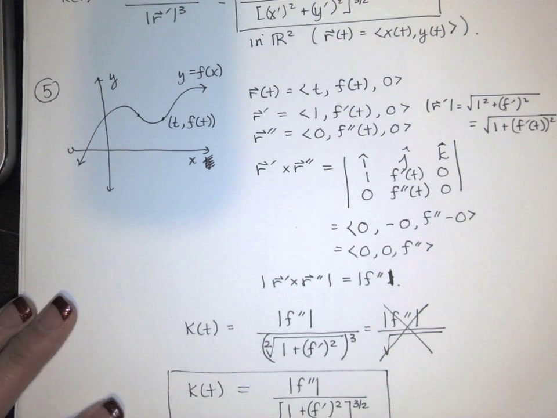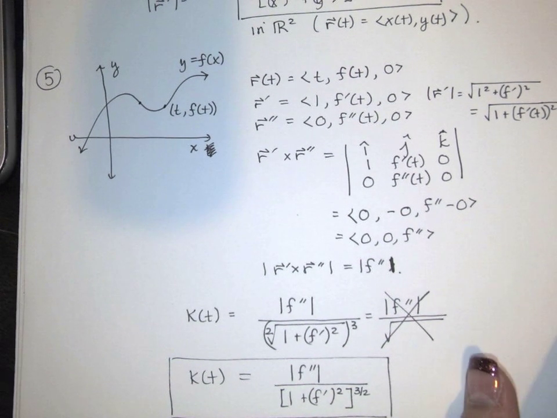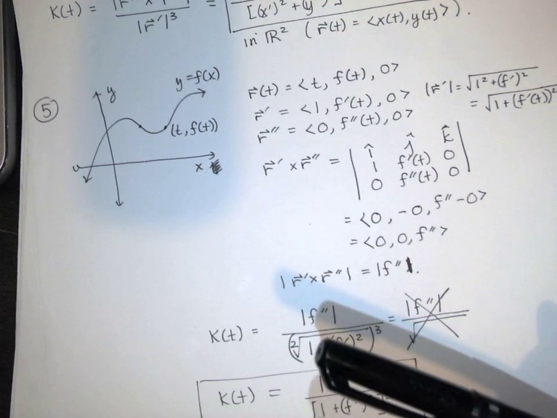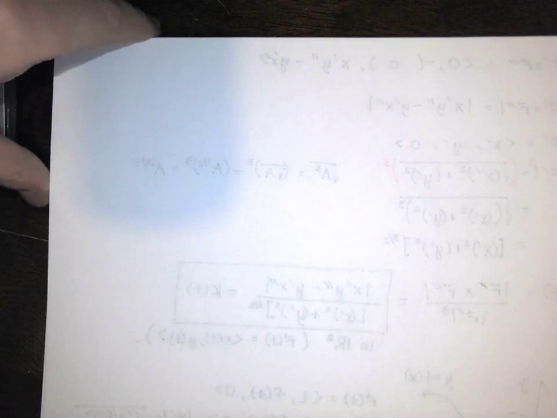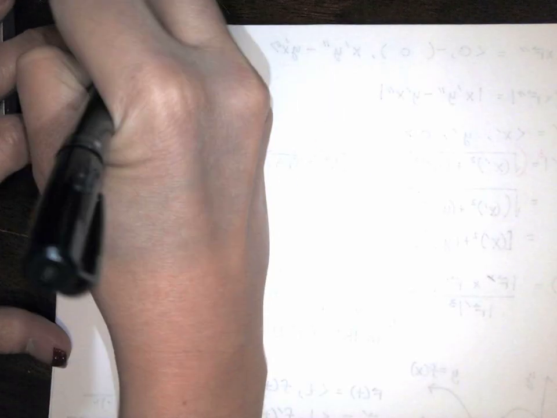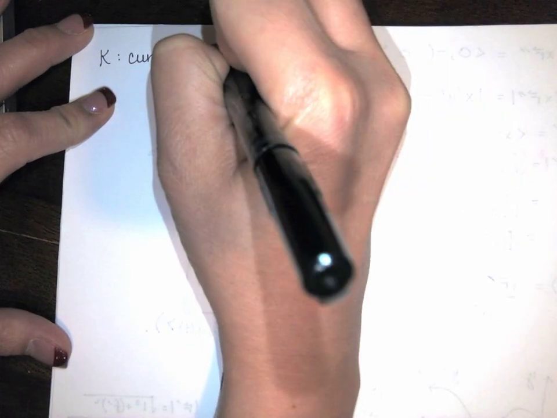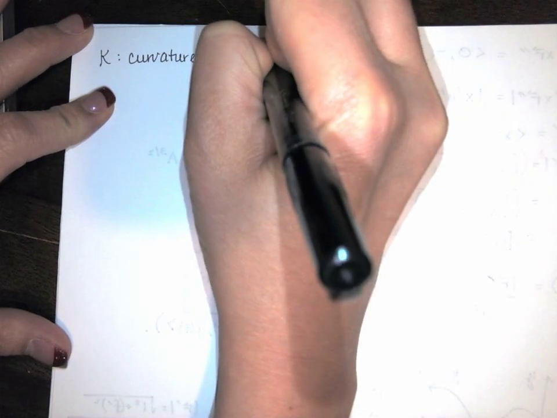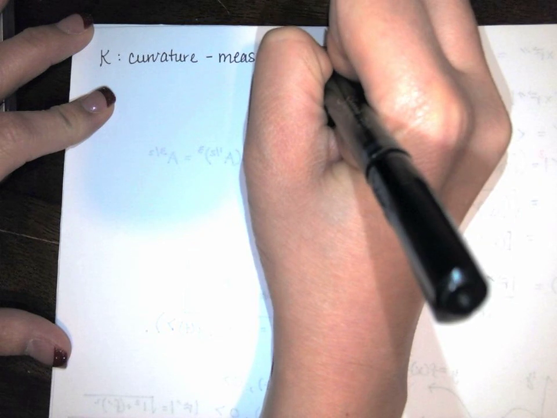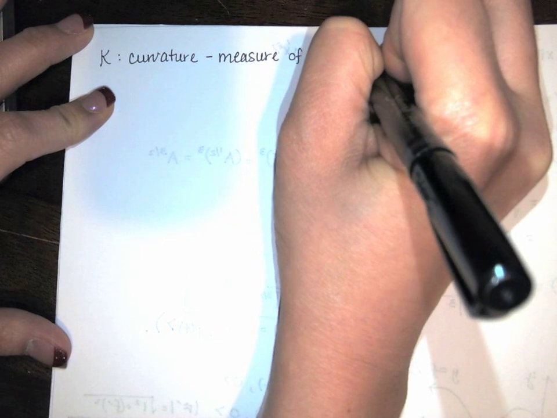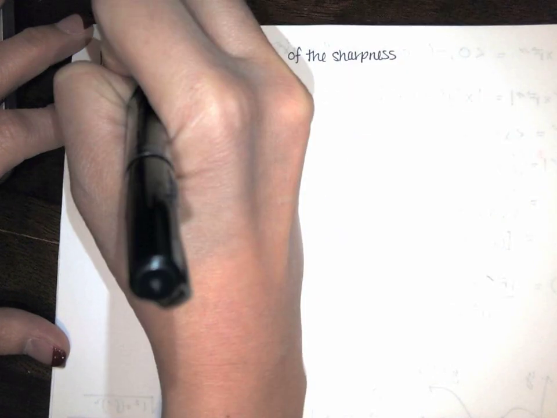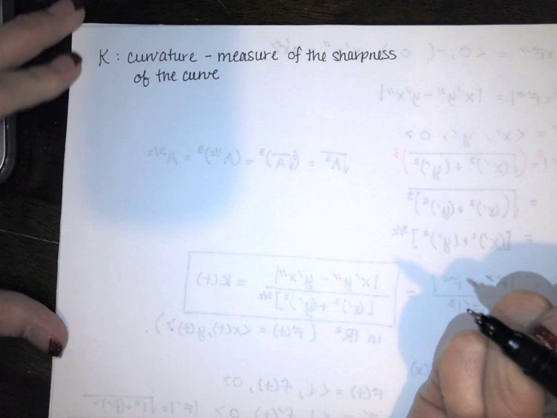So you've got lots of options for calculating curvature now. Let me write them all down, summarize. Remember, curvature is represented by kappa. It's a measure of the sharpness of the curve. I say informally, it's a measure of how curvy the curve is.